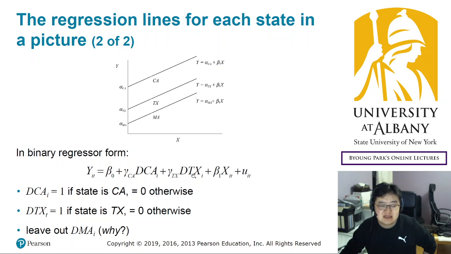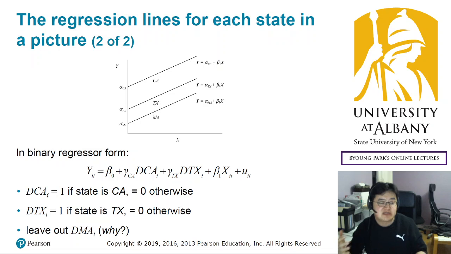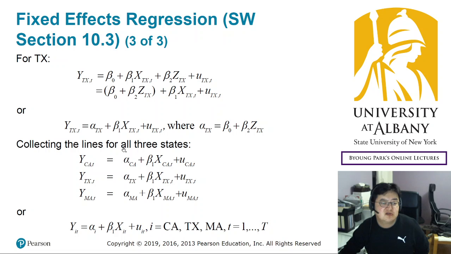And for Texas, this is 0 and this is 1, so the intercept is beta 0 plus gamma TX. So by including the dummy variables, you can capture the difference in the intercept. So this model is a dummy variable model, or it is equivalent to write the equation this way.